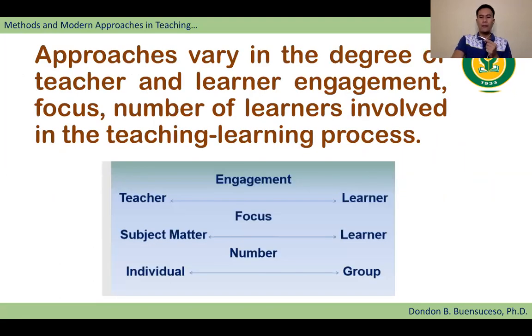So in summary, in a nutshell, don't forget that approaches vary in the degree of teacher and learner engagement, focus, and number of learners involved in the teaching-learning process. Here, we can say that the approach is teacher-centered if it is more focused on the teacher.